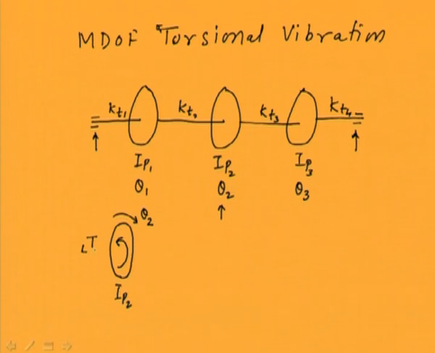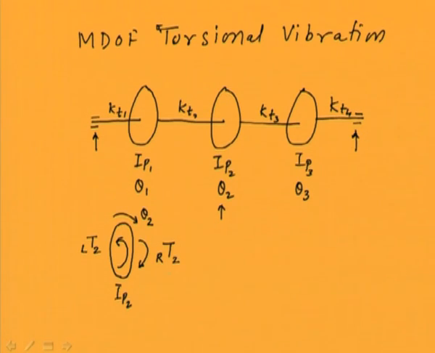Let us call it the torque left of disc 2, and there will be another torque from the shaft which is right of disc 2. Subscript R represents right, L represents the left of the disc, and 2 represents the disc number.